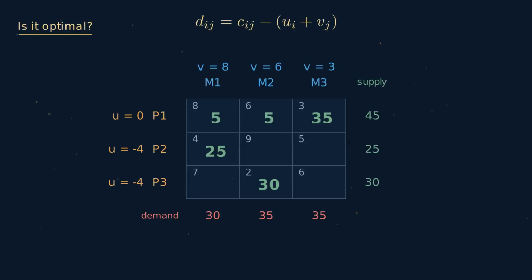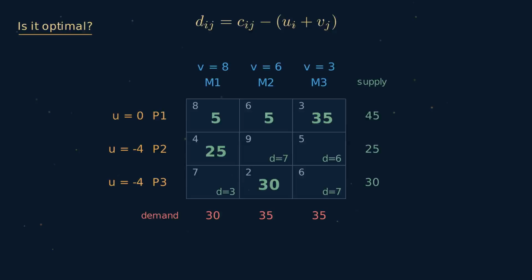Now the payoff. For every empty cell, subtract that same sum from the real cost. What you get is the true change in the total bill if you forced 1 unit down that unused route, including all the knock-on reshuffling it would trigger elsewhere. Run it on all 4 empty cells here, and every answer comes back positive. 7, 6, 3, 7.